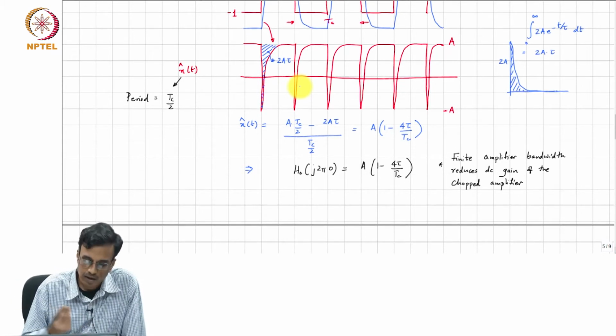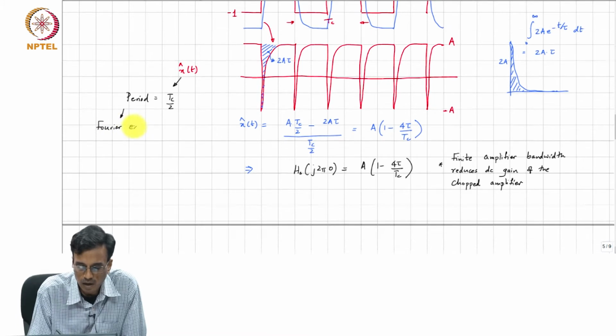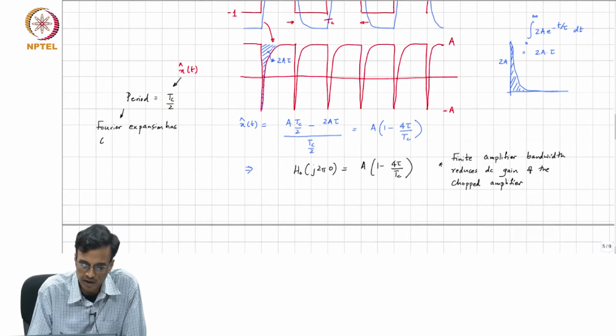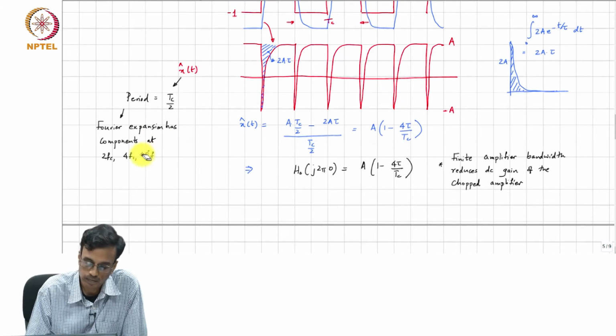The Fourier expansion has components at 2Fc, 4Fc, 6Fc, 8Fc, etc.